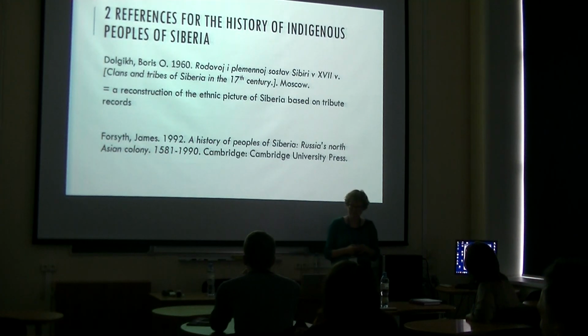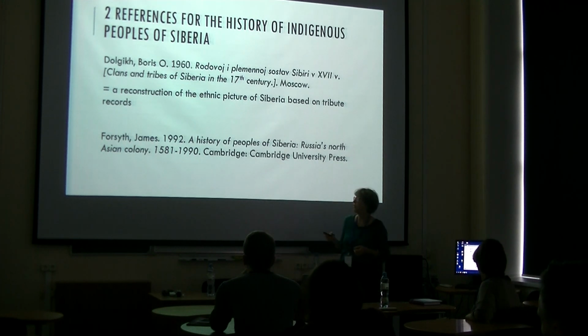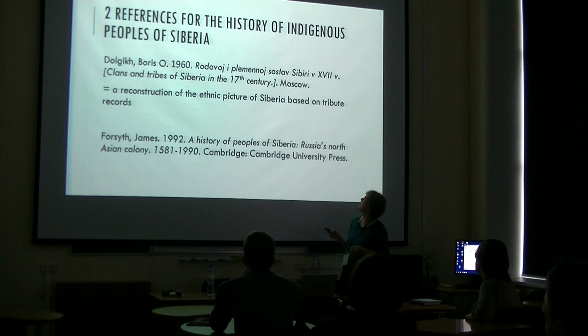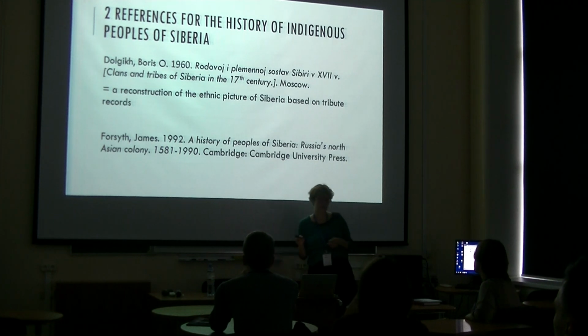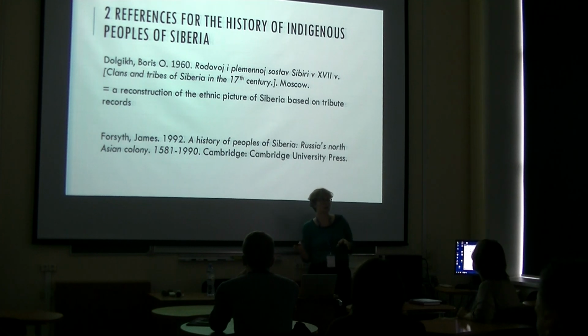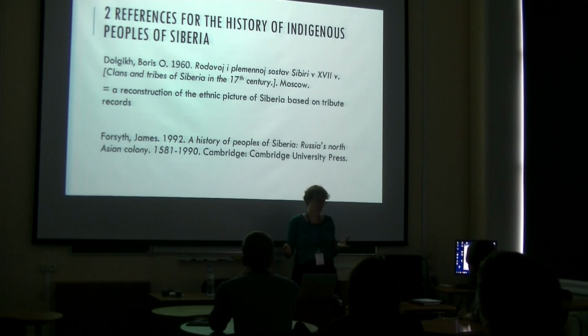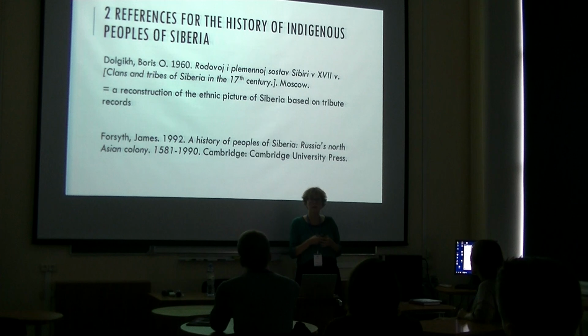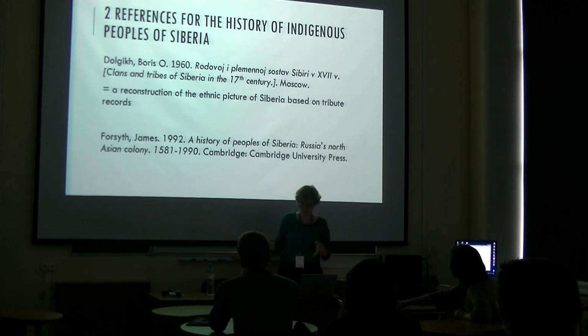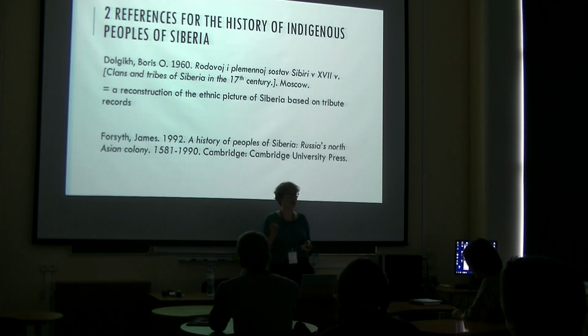And how did Dolgikh reconstruct it all? He basically studied a lot of tribute records. Tribute was the furs which the indigenous peoples were supposed to pay to the Russians. And this was an annual measure, so every year local people were supposed to bring furs, and the local administrative bodies took quite a good record of who brought what.